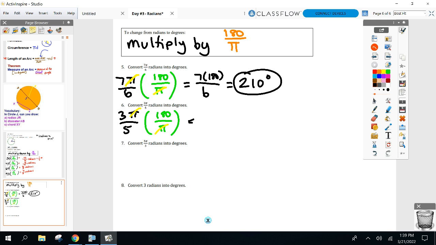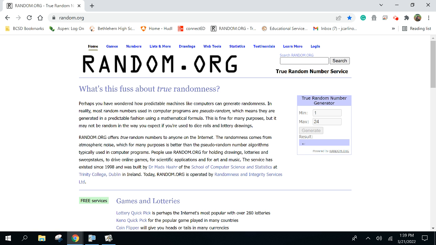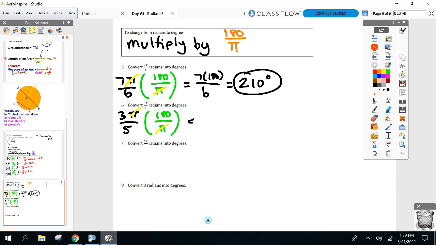And how many degrees do you get in 3 pi over 5 radians? 2... 180. How'd you get that? 3 times 180, right? And then you get to divide it by 5.